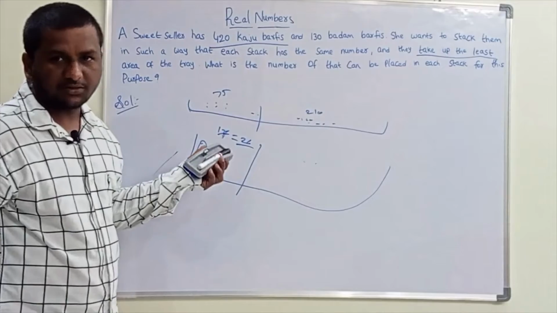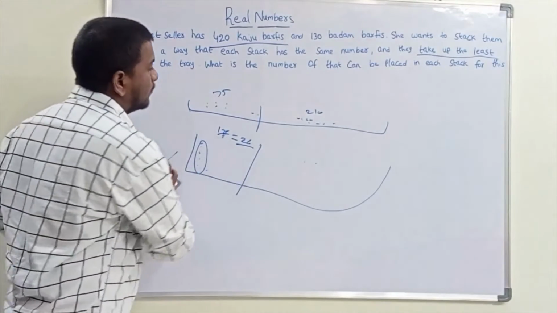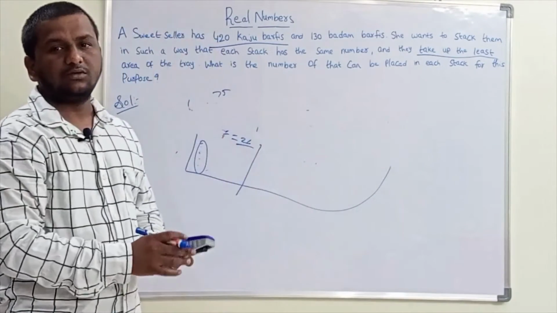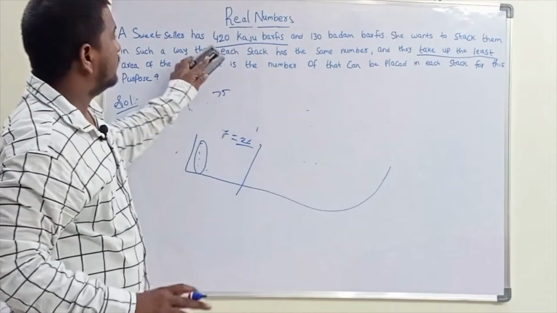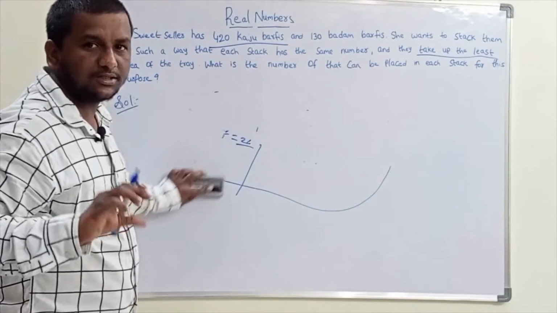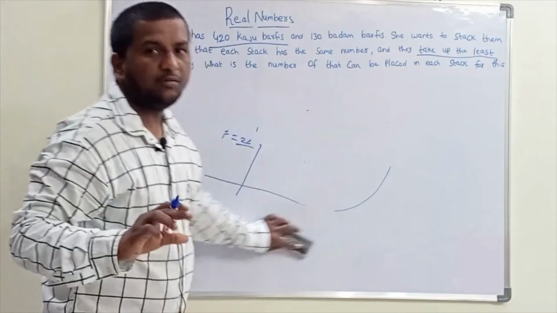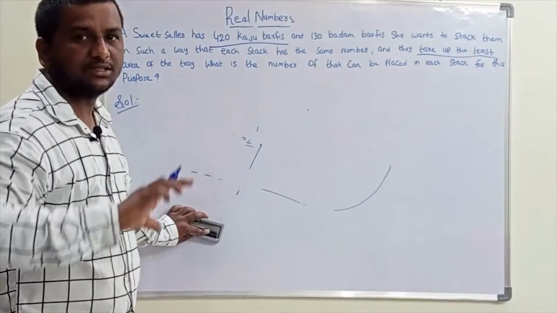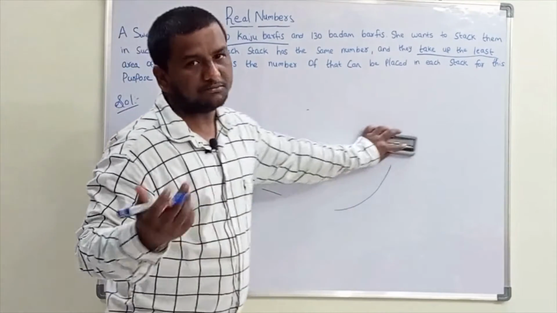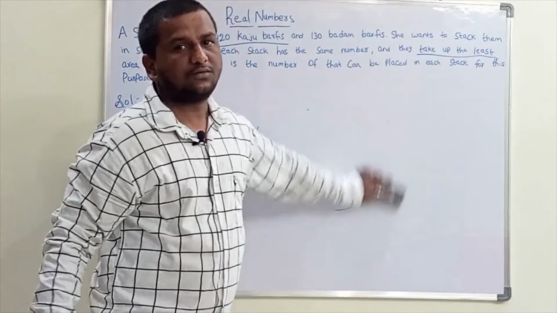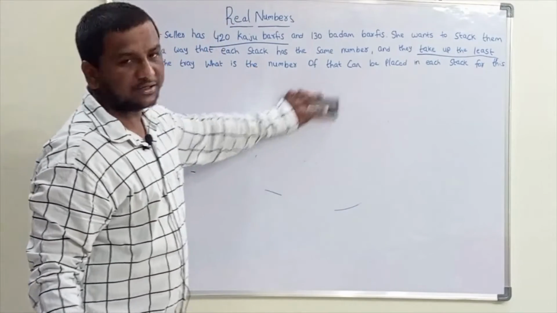But is this the optimal solution? No. So to find it out, we will find the HCF of 420 and 130. That gives us the optimal solution, how many barfis can be placed in each stack, be it kaju barfi or badam barfi. So let's find the HCF of 420 and 130.